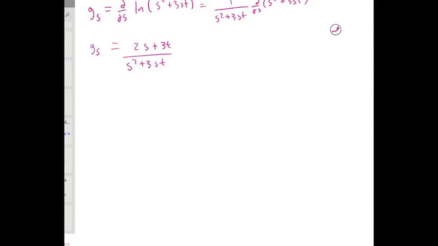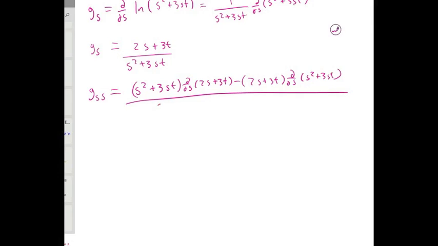So now if we want to do the second derivative with respect to s, we're going to have to use the quotient rule. So we have the bottom, s squared plus 3st, times the derivative of the top with respect to s, 2s plus 3t, minus the top, 2s plus 3t, times the derivative of the bottom, which is s squared plus 3st, all over the bottom squared, s squared plus 3st squared.